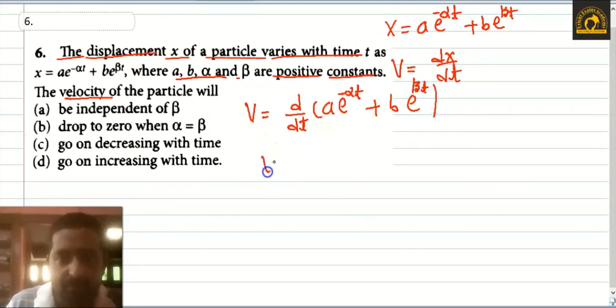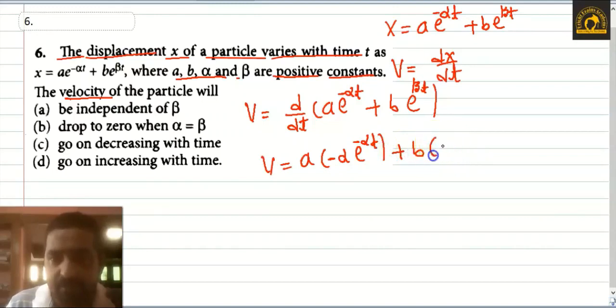Now the differentiation: a is a constant, so we get minus alpha e to the power of minus alpha t, plus b is a constant, then beta into e to the power of beta t.